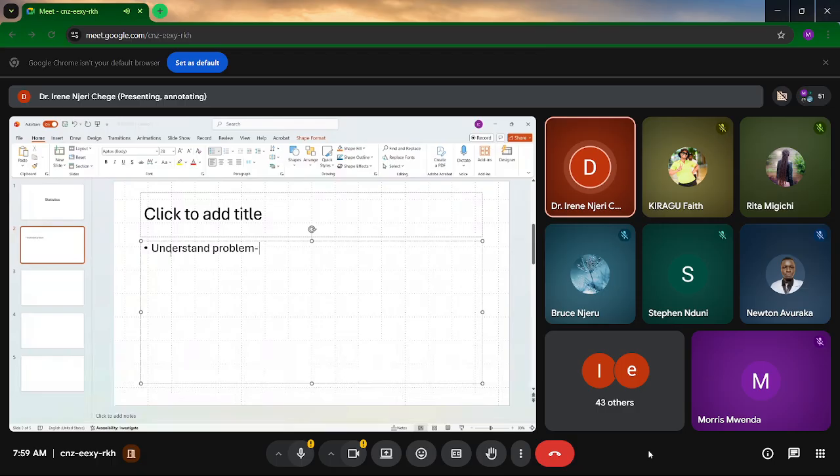And then once you identify who you want to target, you also want to know how you're going to collect the data. And then you want to know how to interpret the data so that it makes sense for whichever problem you want to present. And once you can interpret the data, you're able to analyze the data.